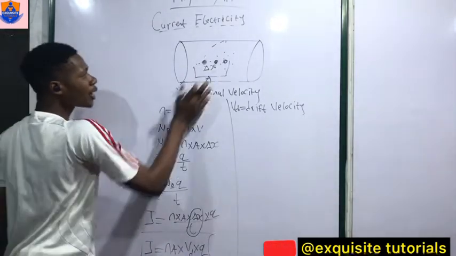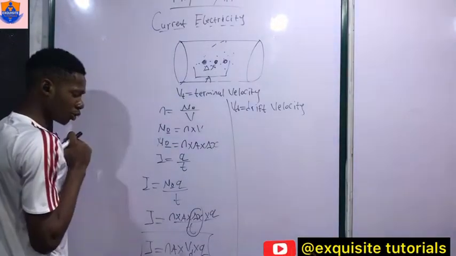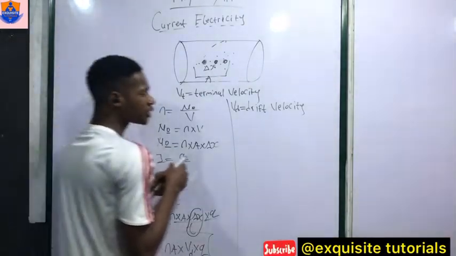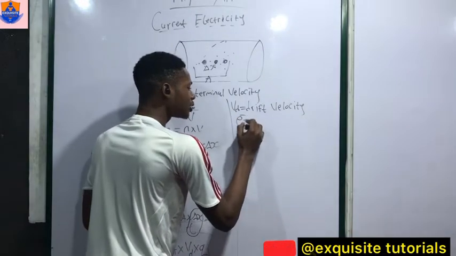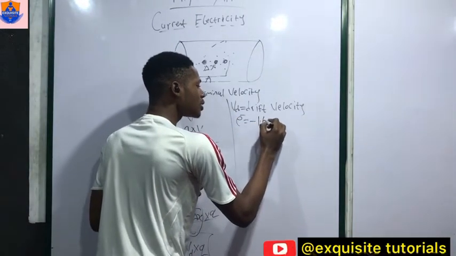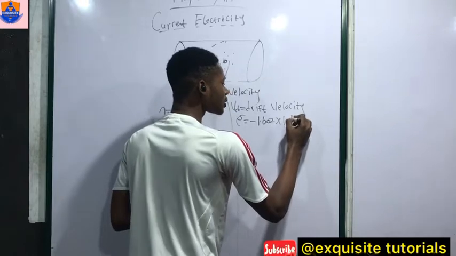Now, what we are actually dealing with here are electrons. Electrons have a charge of minus 1.602 times 10 to the power minus 19 coulombs.